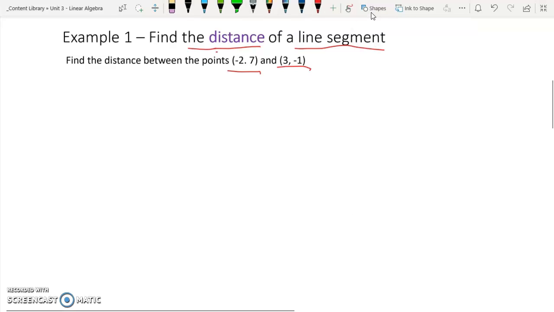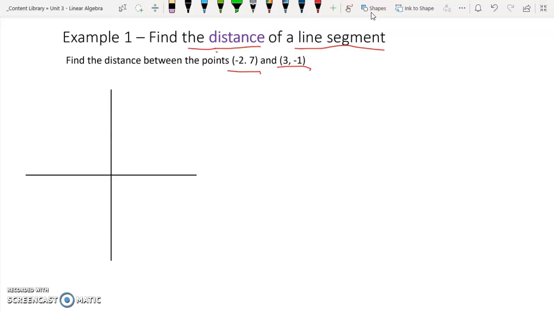Now I'm just going to plot this on a coordinate plane here, so we've got x is -2, y is 7, let's just put it here somewhere, and 3, -1, so x is 3, y is -1, somewhere around here.